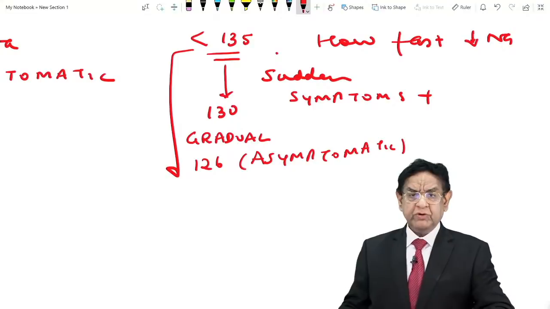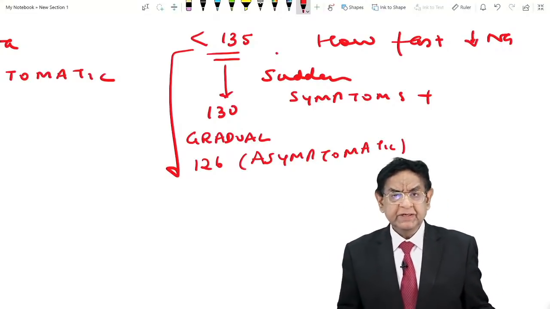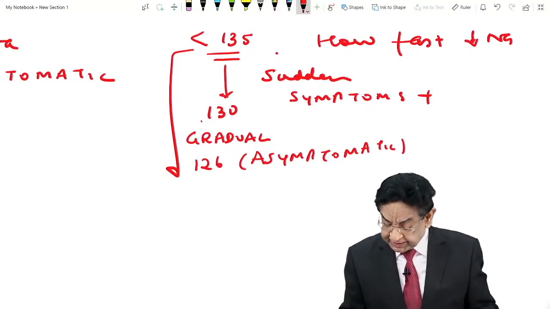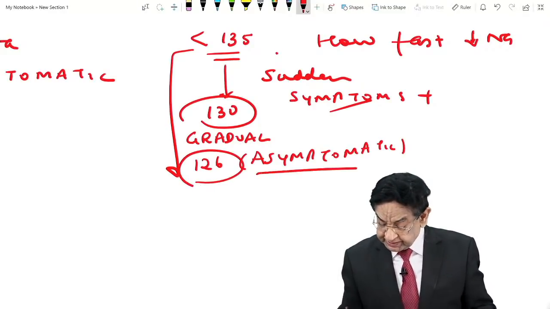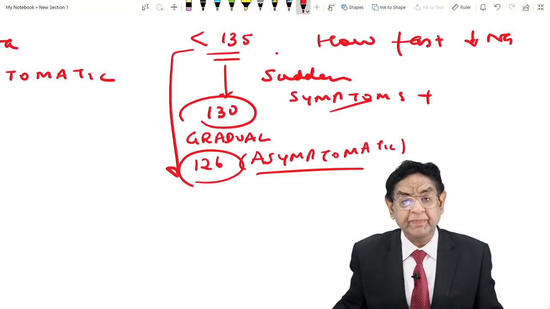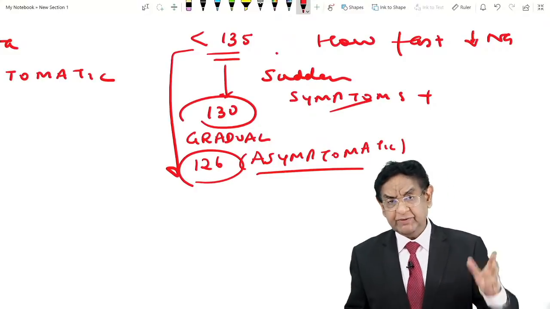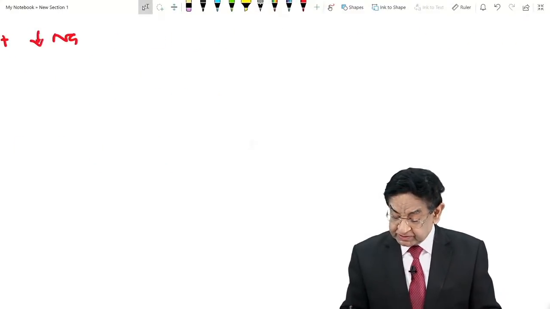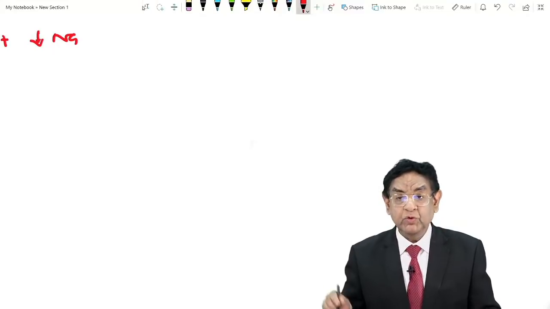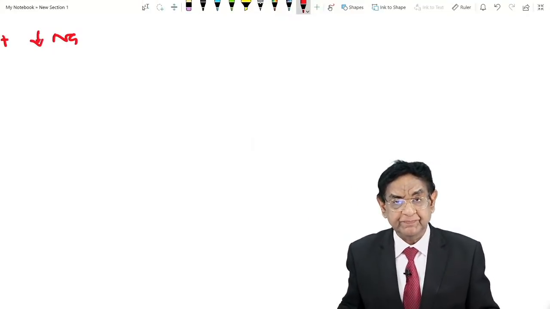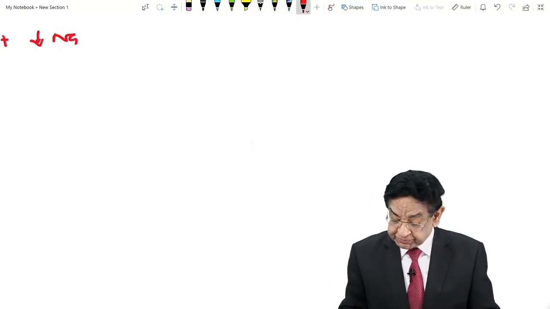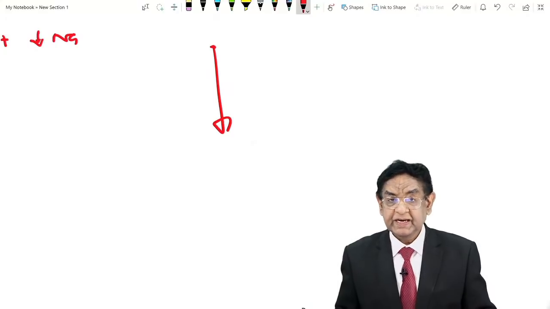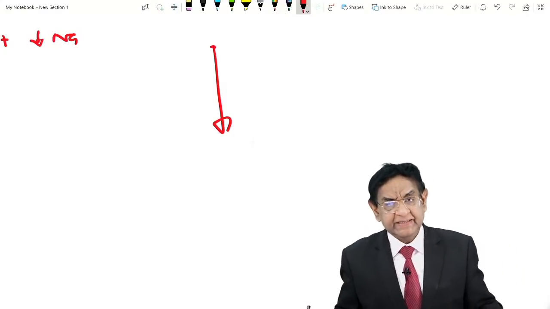So the message I want to convey is: sodium 130, sudden, symptomatic; 126, slow, asymptomatic. I can give you a day-to-day example. There is one gentleman standing on the first floor who wants to come down. He is in a hurry, so he jumps from the first floor.